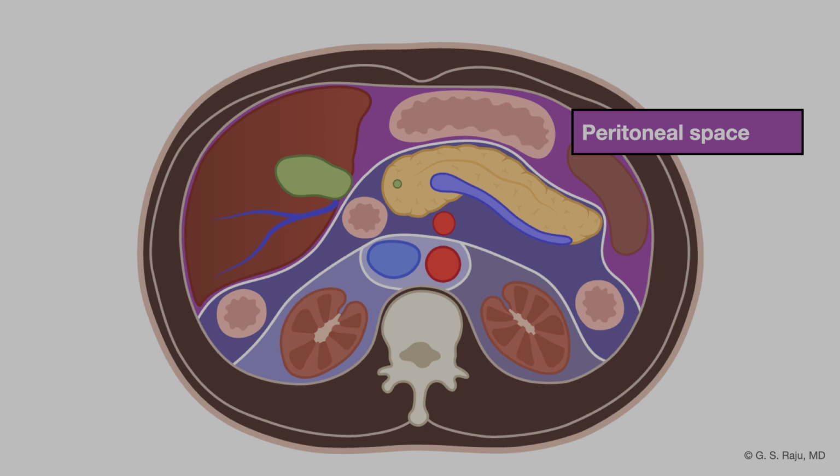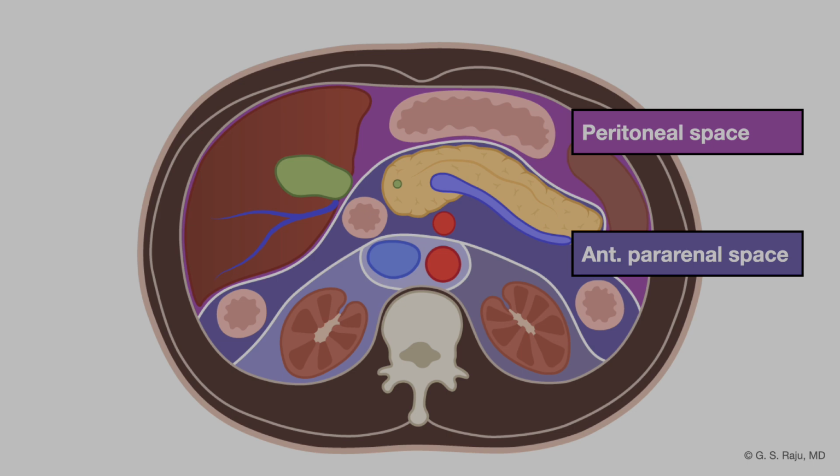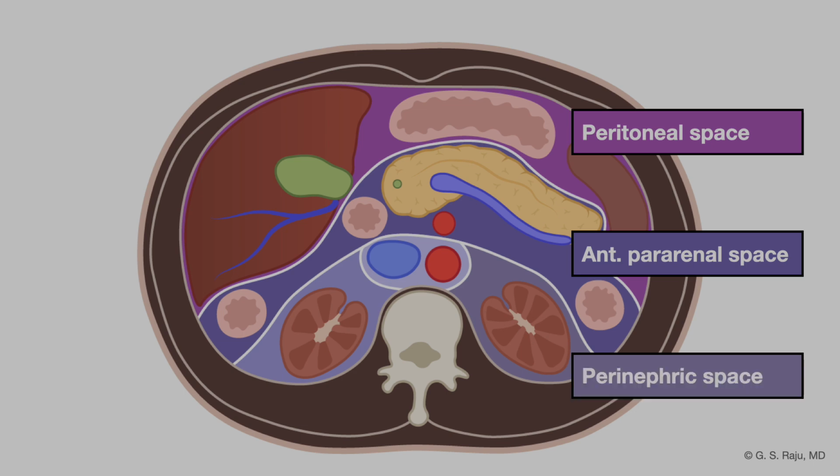And the pancreas layer is in the anterior pararenal space. And then you have another space that is perinephric space. All of them are separated by different walls or structures.